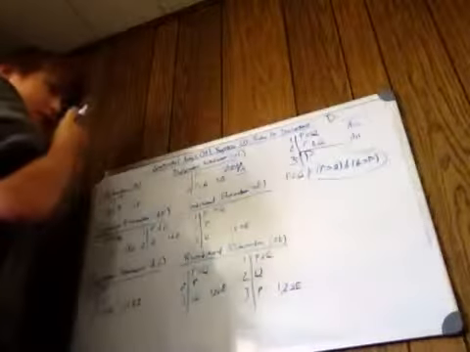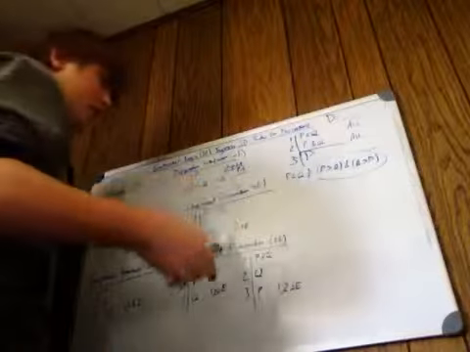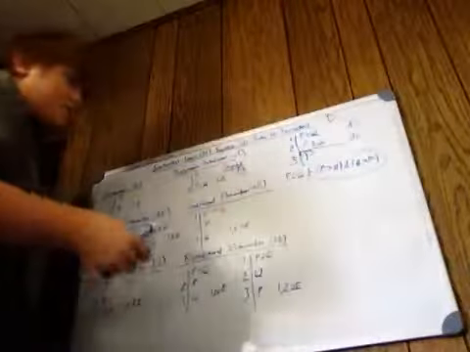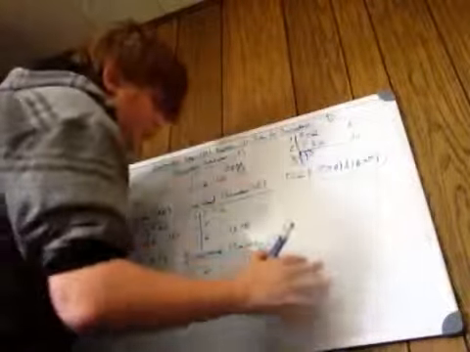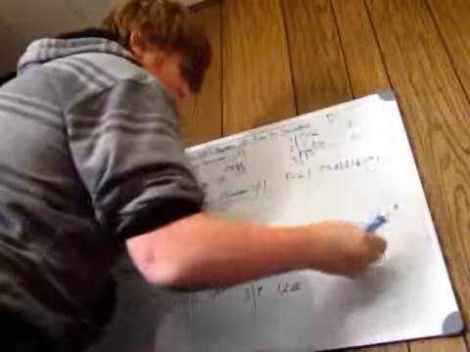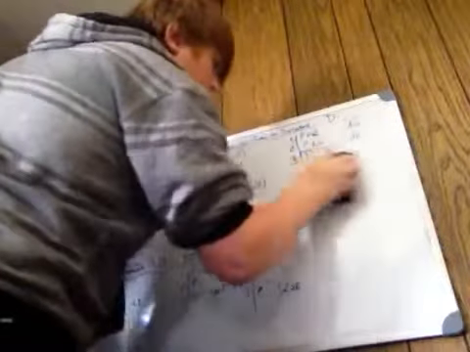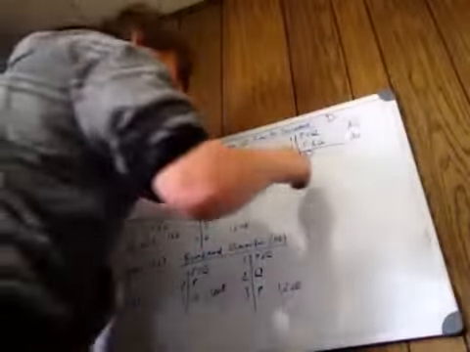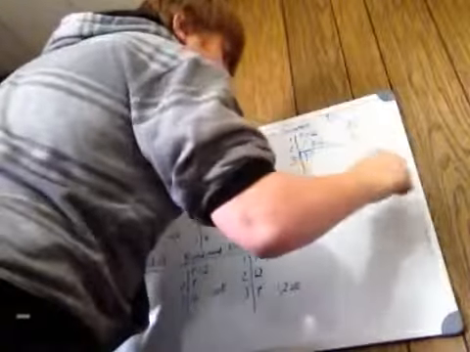You have to cite why you can do that. This is your proof, and off to the side you have all of your rules as to why you can do that.